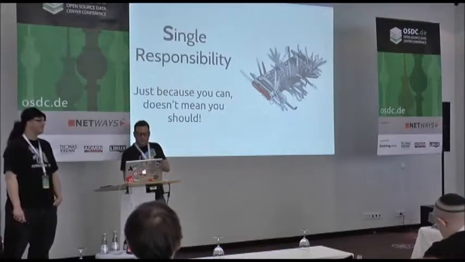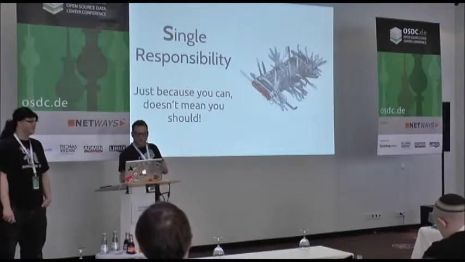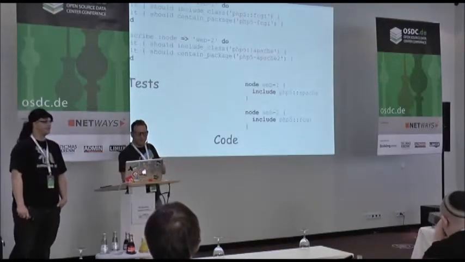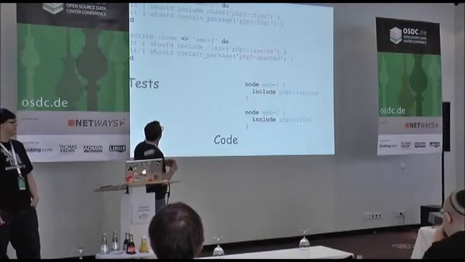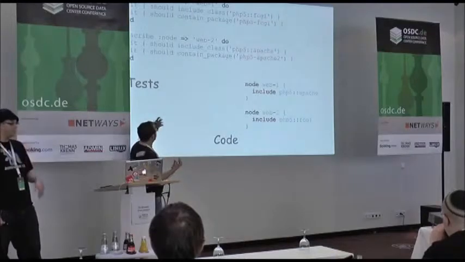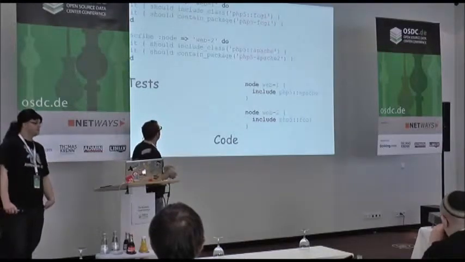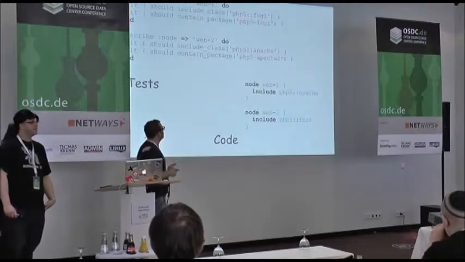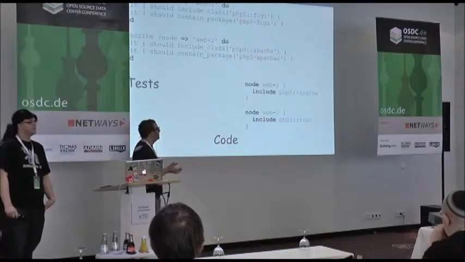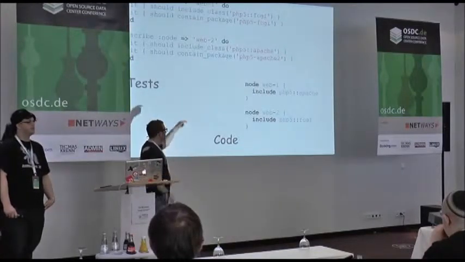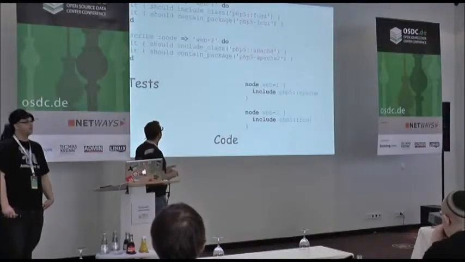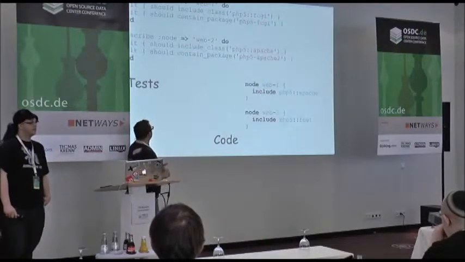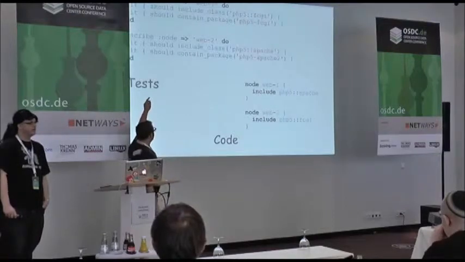And what we can do now, we came from web1 should contain PHP fastCGI, but now we have these two new classes, PHP 5 Apache and PHP 5 fastCGI. And now our tests look like, okay, it should do both.